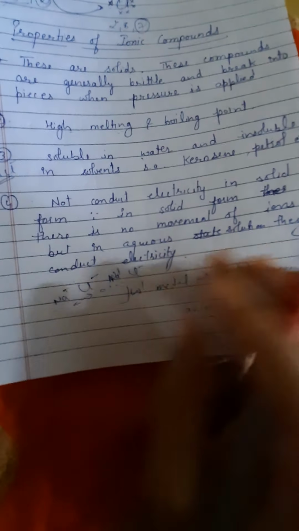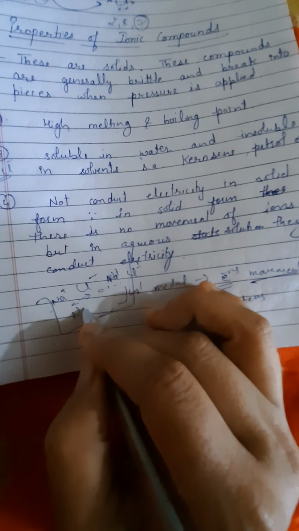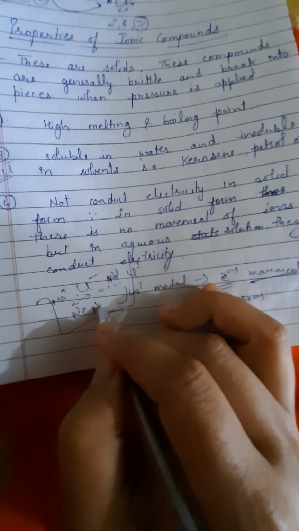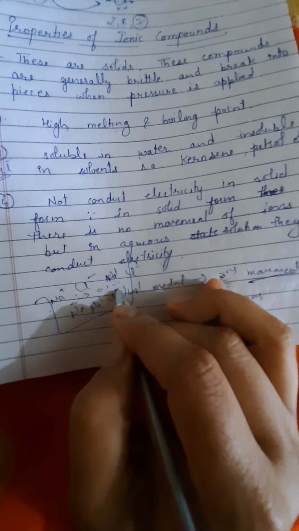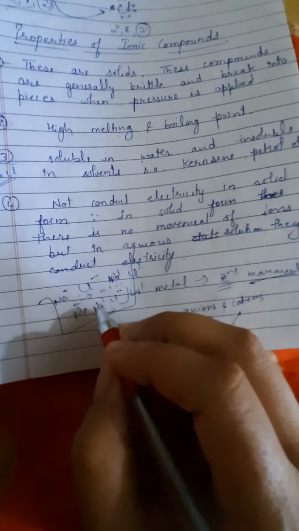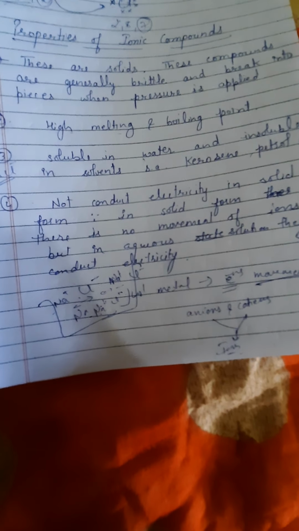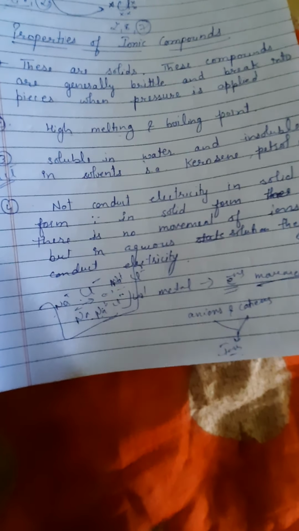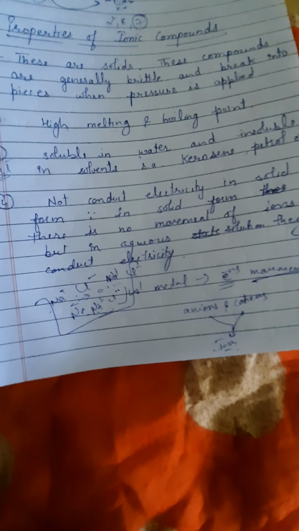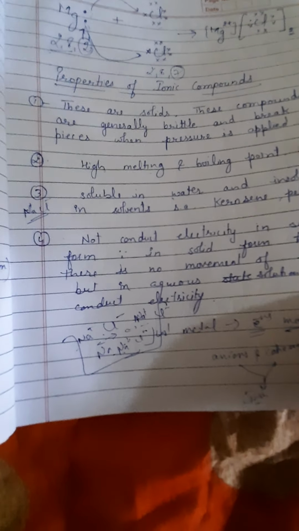So in solid form they will not conduct electricity, but in aqueous solution they dissociate into Na positive and Cl negative, so there is movement of these ions. It means ionic compounds do not conduct electricity in solid form, but they conduct electricity when they are in aqueous form or aqueous solution. So it was all about ionic compounds. Thank you and have a nice day.